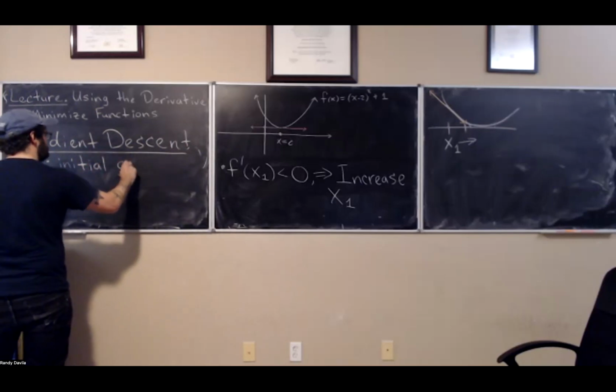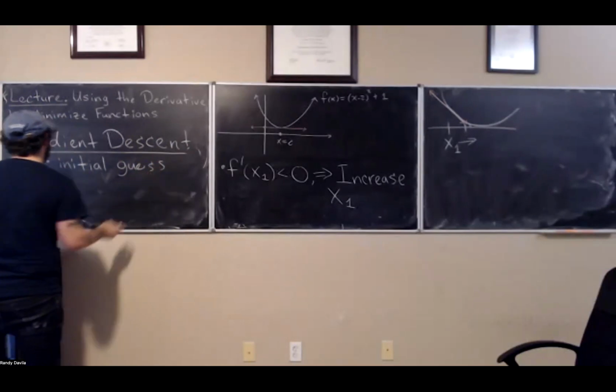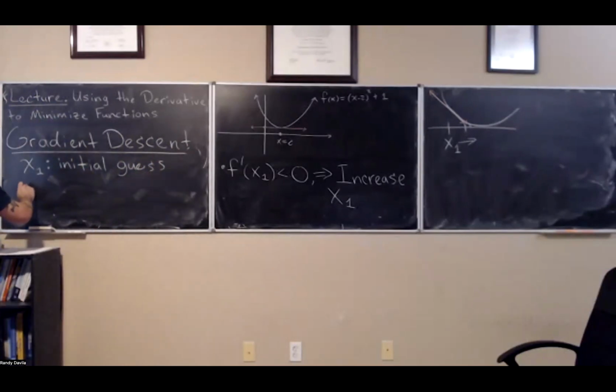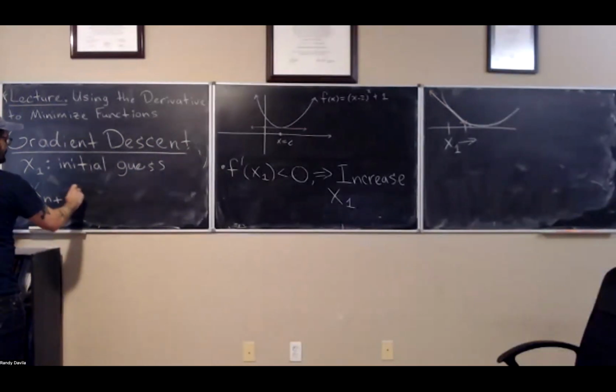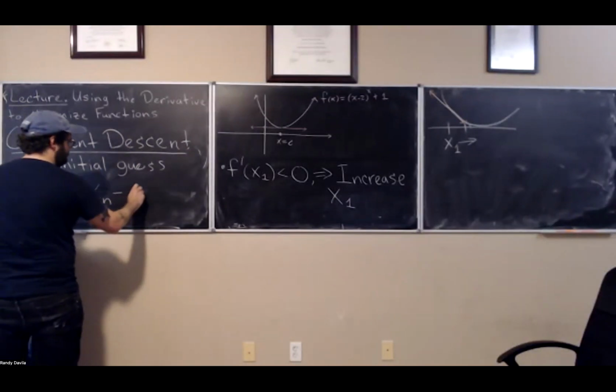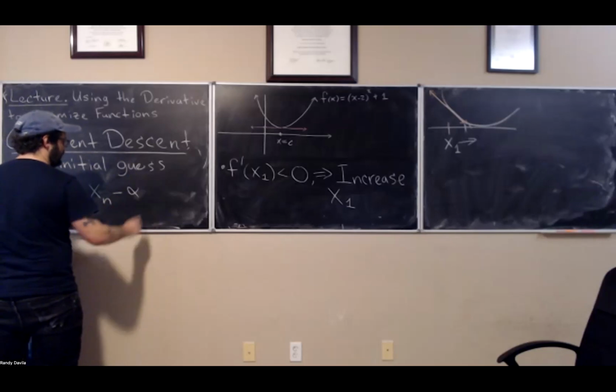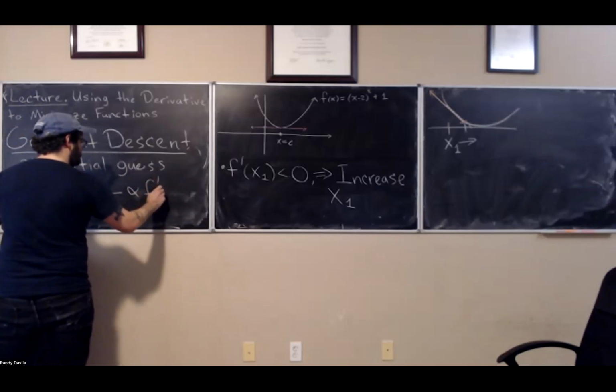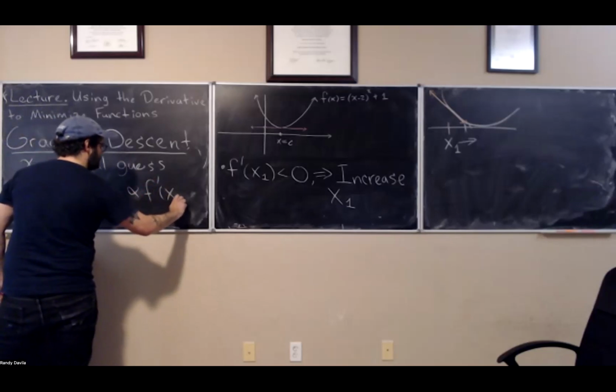And then you make a bunch of new guesses. x_{n+1} is equal to your old guess minus a number called alpha times the derivative at your old guess.